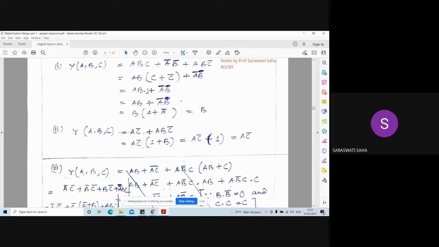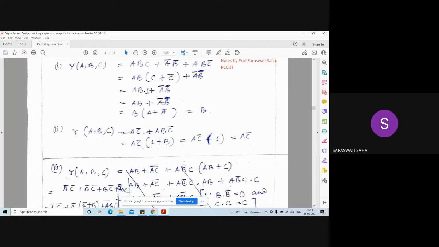So ultimately from here you will get AC bar. There were two terms, but after simplifying you get only a single term, AC bar. In this way we can reduce the number of gates to design the circuit.